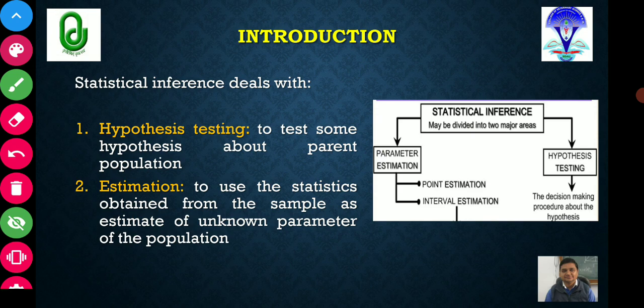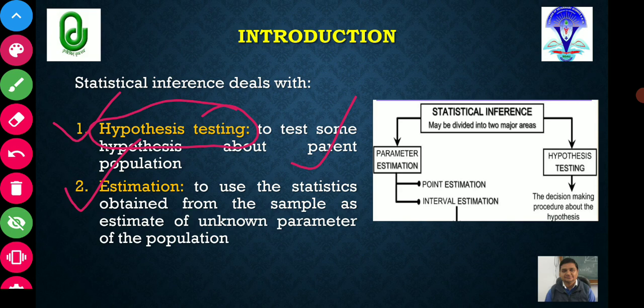This statistical inference deals with two components. The first one is hypothesis testing, and the second one is estimation. In this lecture, we will be discussing hypothesis testing. This procedure is used to test some hypothesis about the parent population. We make certain hypotheses about the population from which the sample has been drawn.